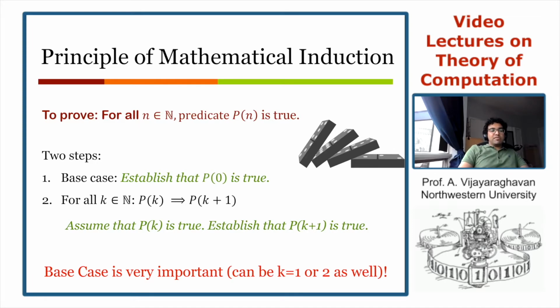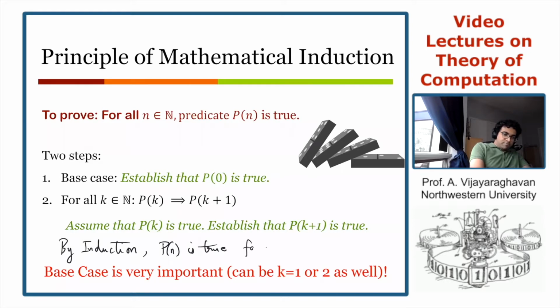And then we show that P of k implies P of k plus 1, which means you assume that P of k is true and you derive that P of k plus 1 is true. This assuming P of k is true is called the induction hypothesis. If you're able to do this, then by the principle of mathematical induction, P of n is true for all natural numbers.